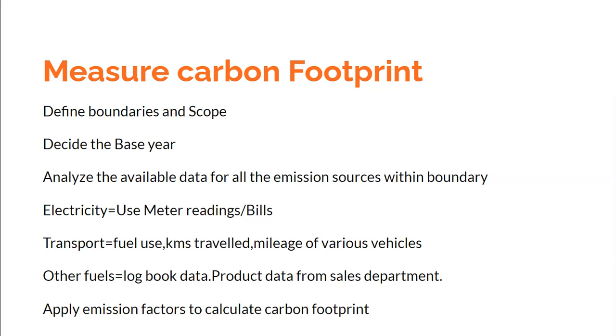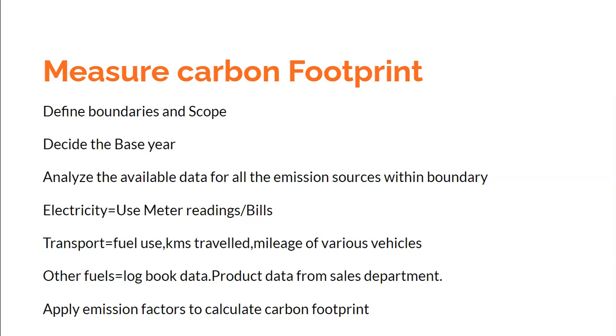We need to analyze all the available data for all the emission sources within the boundary and what kind of data is required. So as we discussed, we need to talk about the electricity which is consumed. That electricity data is easily available using the electricity bills, right? Or one can keep track of the meter readings which are installed at the factory place.